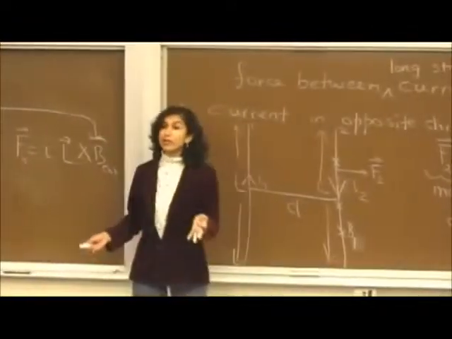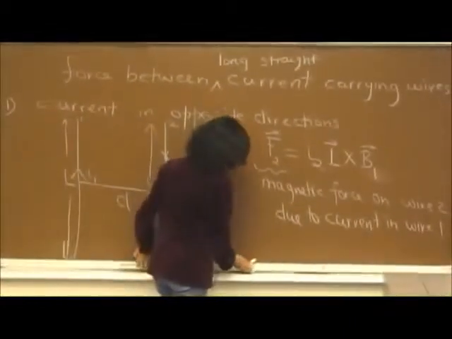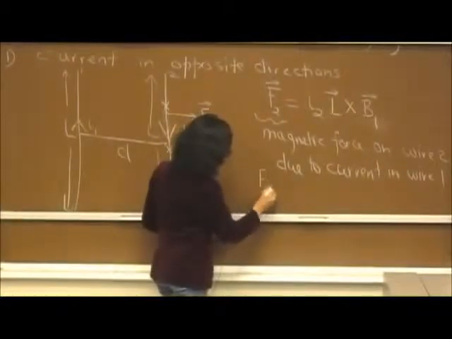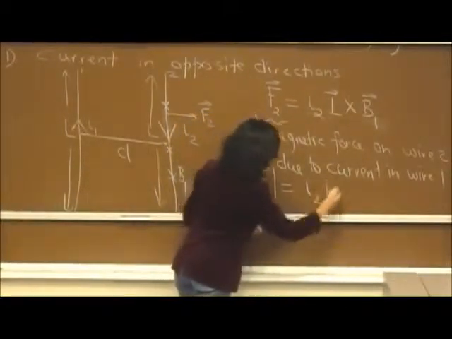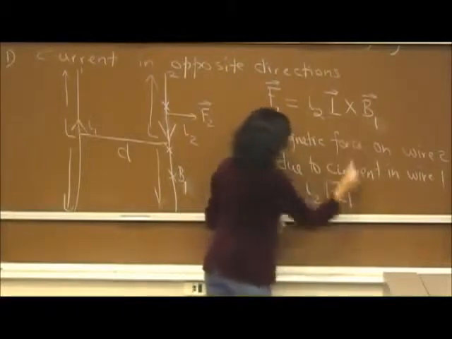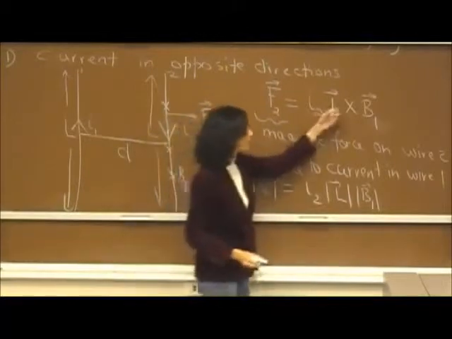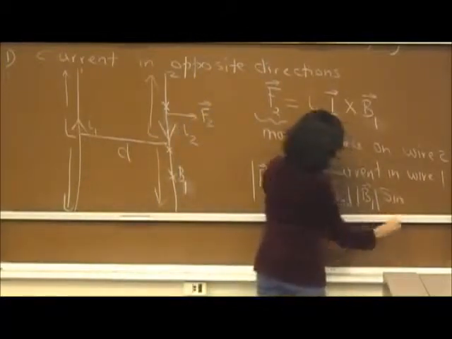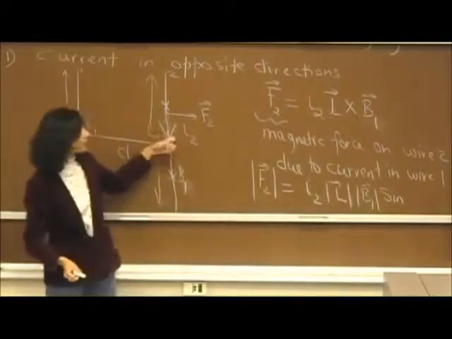Let's now try to figure out what is the magnitude of this force. What will be the magnitude of this force? The magnitude of the force will be I2, the magnitude of length, times the magnitude of B1, times sine theta, where theta is the angle between L and B1. What is the angle between L and B1?